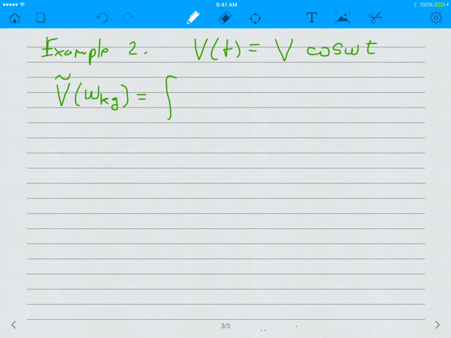And so that's going to be the integral 0 to t of v, and then we have our cosine omega t and e to the i omega kg t, and that's it. And I better put t prime here. And we're integrating 0 to t.